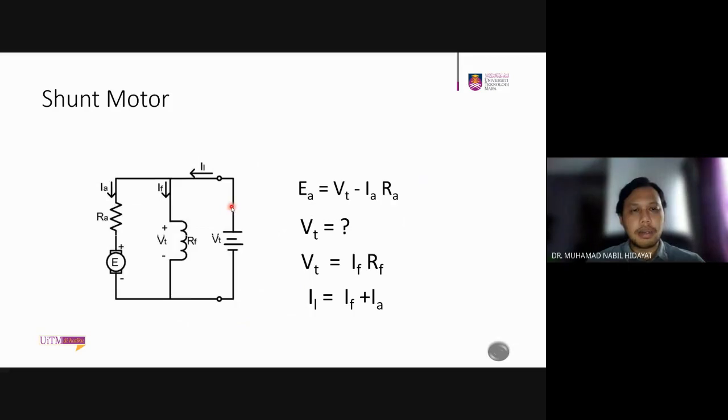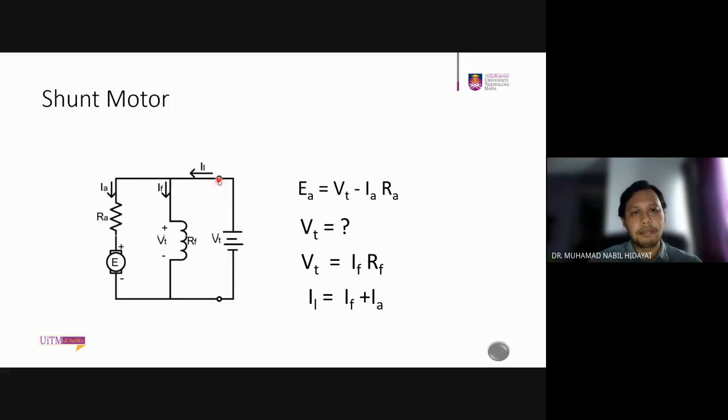The shunt motor is quite similar to the separately excited motor, but for the shunt motor, the field and the armature are connected in shunt, with the input represented by VT.